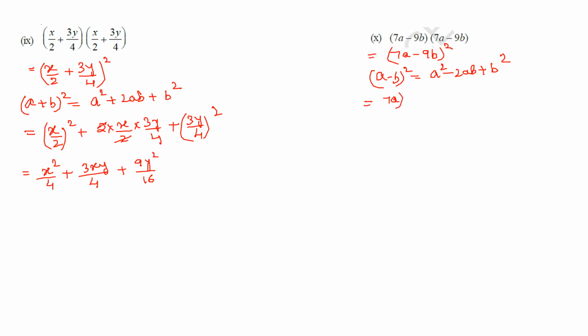So it will become 7a whole square minus 2 into 7a into 9b plus 9b whole square. So 7a whole square will be 49a square minus 2 into 7, 14, and 14 into 9 will give 126ab plus 9b whole square is 81b square.